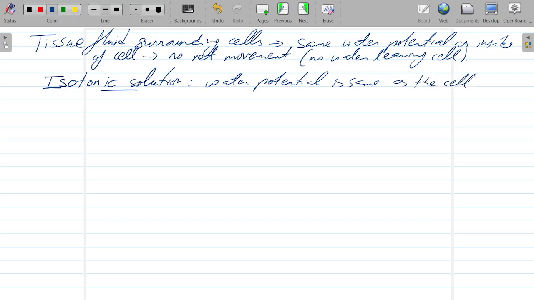I say the cell because that's what we're talking about in biology. If you're comparing two different solutions that are not the internal environment of the cell, but they have the same water potentials, you still call them isotonic.